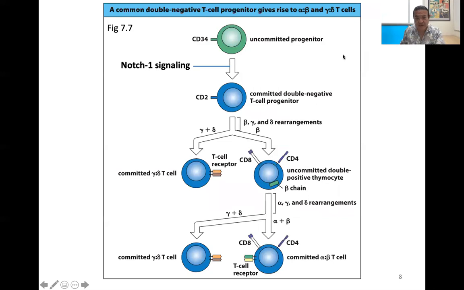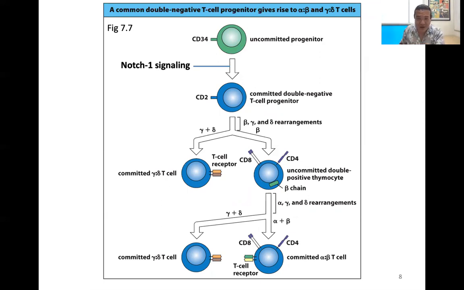Recall that the process of a precursor cell entering the thymus and becoming a full-blown T cell is pretty involved, right? First off, we say that this uncommitted progenitor cell that enters is really no different than the cell that left the bone marrow, and just made its way and happens to have found itself now in the thymus. But the tissues of the thymus will convince it through peer pressure.